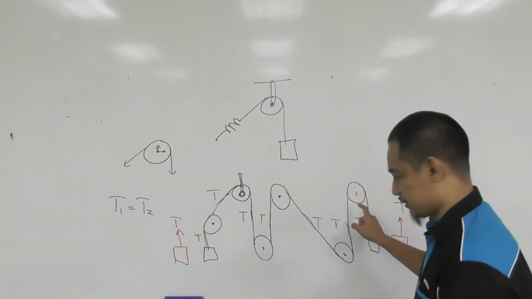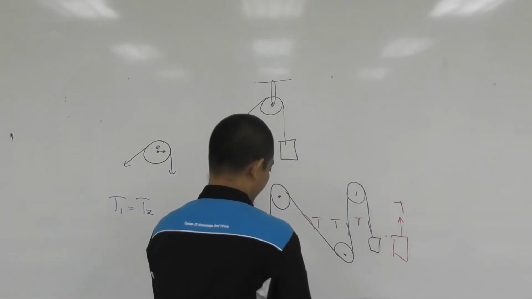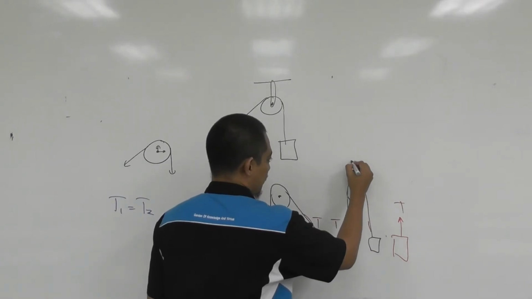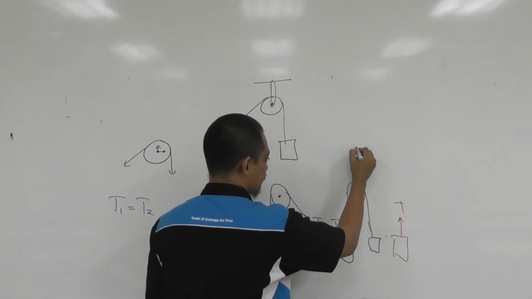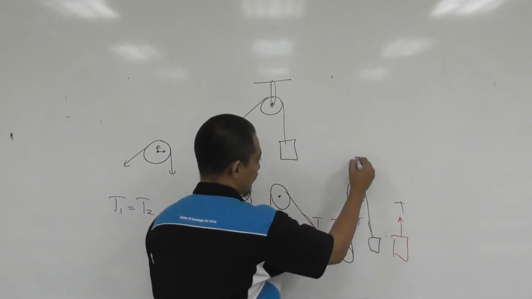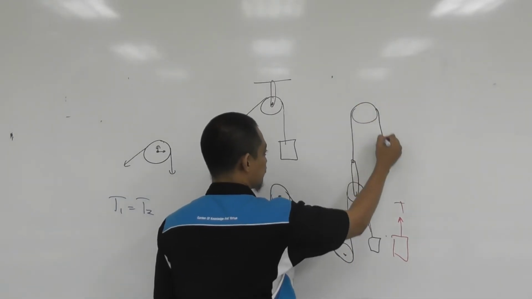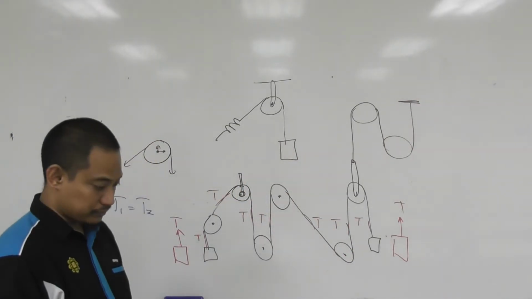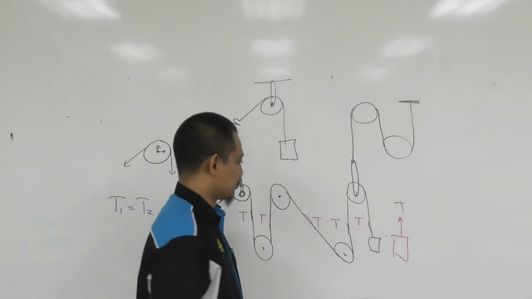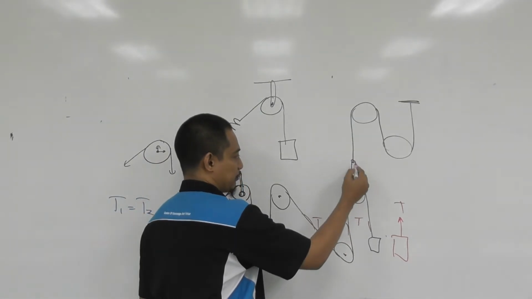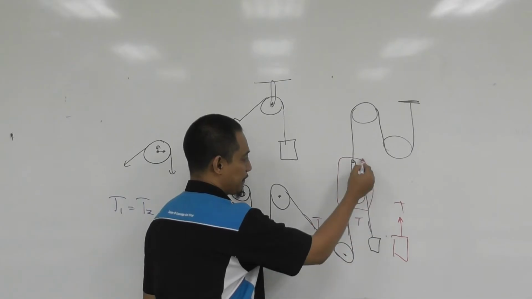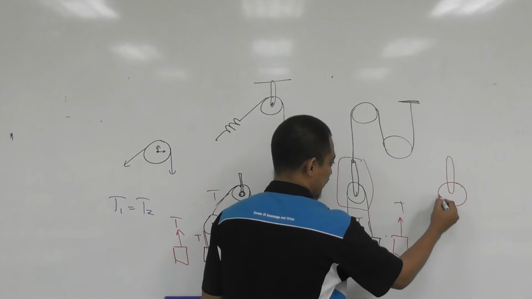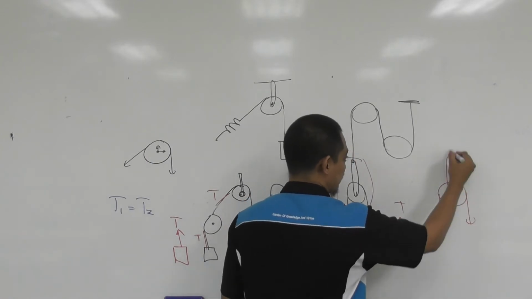And if you have something like this, for example, if I have another cable here, or whatever there. If you draw the free body diagram and I consider this is my body, the diagram will be something like this, and there's a tension here, and force there.